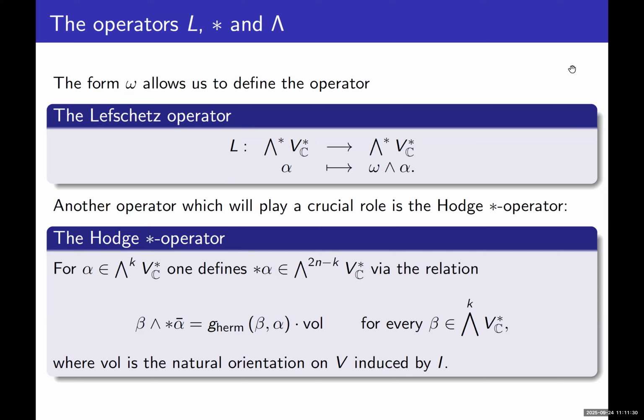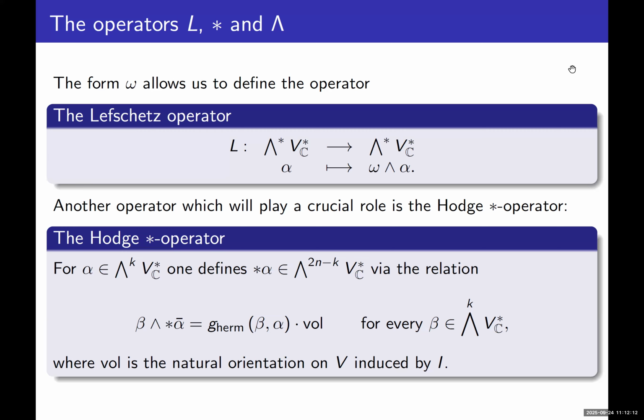Moreover, as we recalled, since V has a natural orientation, we can use this orientation to define the so-called Hodge star operator via the relation you can see in the slide, simply requiring that star alpha, where alpha is a K form, is the only form such that beta wedge the conjugate of star alpha is equal to a suitable multiple of the volume, and this multiple is nothing but the Hermitian extension of G evaluated in beta and alpha.